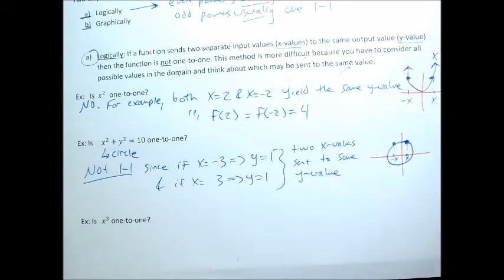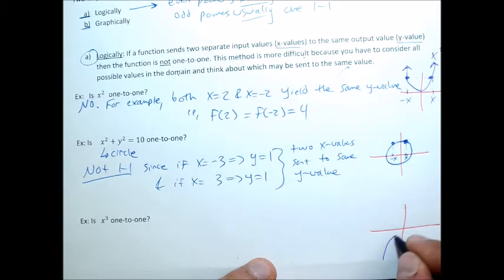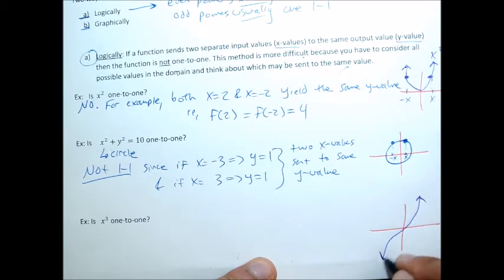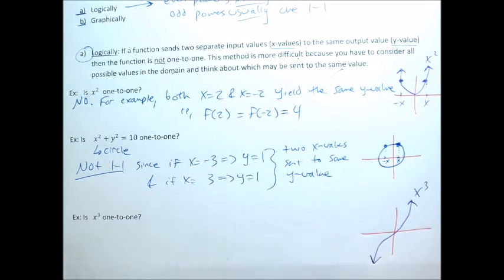Say 30 seconds. And I'll draw the picture here to help motivate your conversation. Here's what x cubed looks like. We already drew a picture of that before, but here's what it looks like, right? So convince someone that this is 1-to-1 or not.